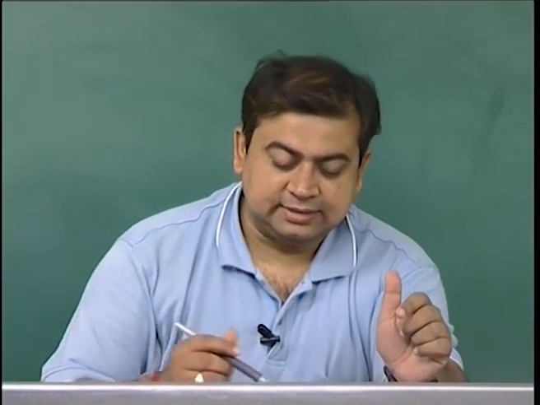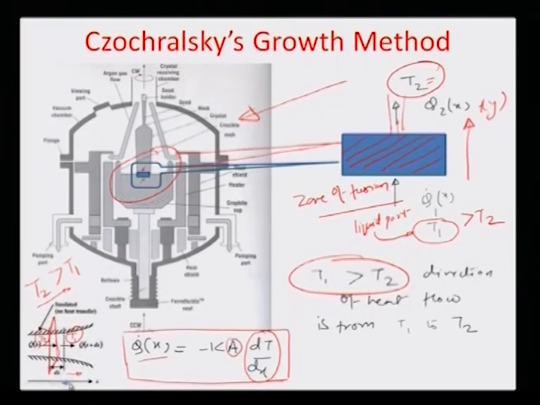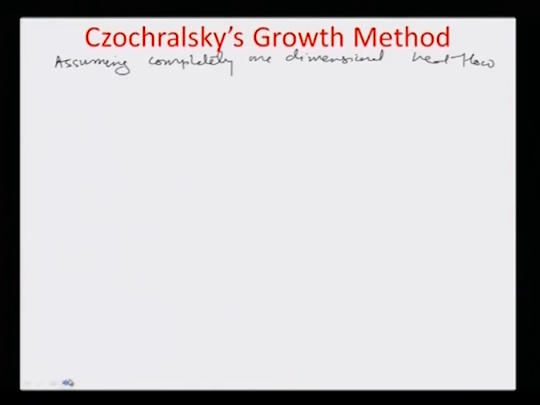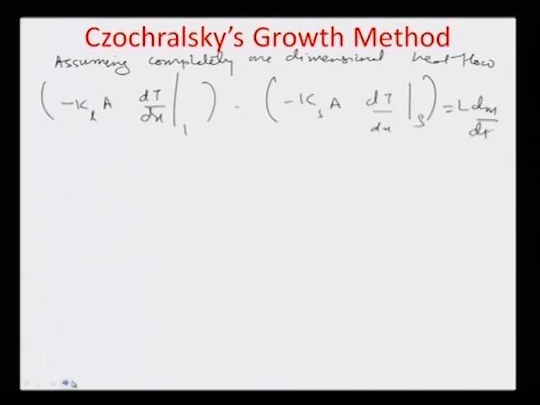If we model it in that manner, and assume completely one dimensional heat flow, we can write the heat equation as minus K_L A dT/dx in the liquid side. The minus shows that the heat is always from the higher towards the lower temperature side, which is also defined by the law of thermodynamics.